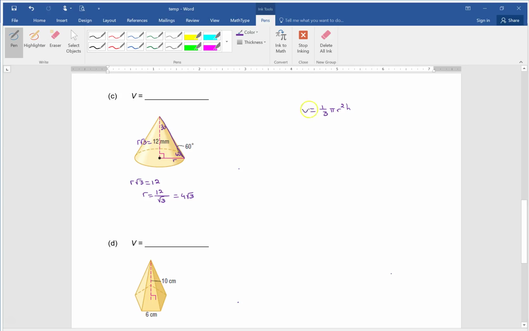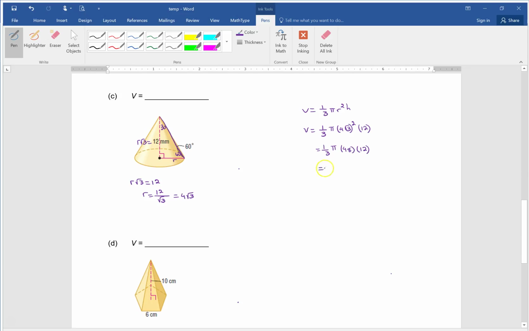So, volume is 1/3 times pi times 4 root 3 squared times the height, which is 12. 1 over 3 times pi. What's 4 root 3 squared? 48 times 12.